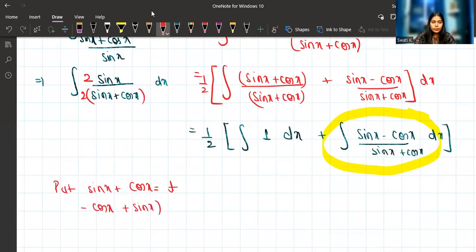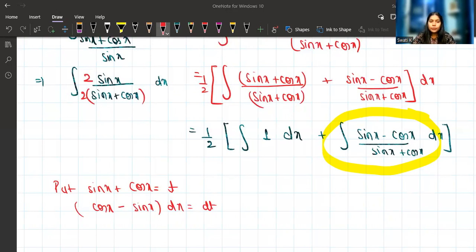And then, of course, we have dx equals dt. Correct. So now what are we getting? Derivative of sin x is cos x, and derivative of cos x is minus sin x. Correct. This will become cos x minus sin x dx equals dt.